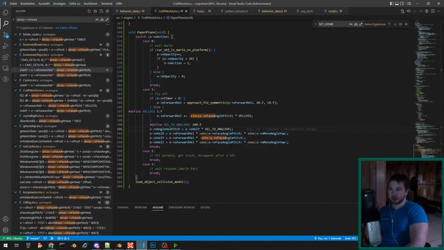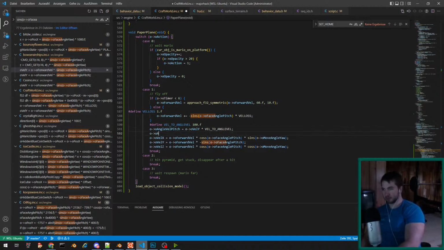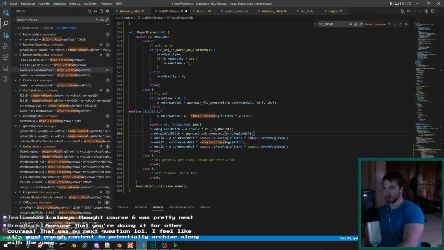Okay, thinking about how this will work though. Do we have a constant tipping force? Maybe we do. Let's see how this works out.